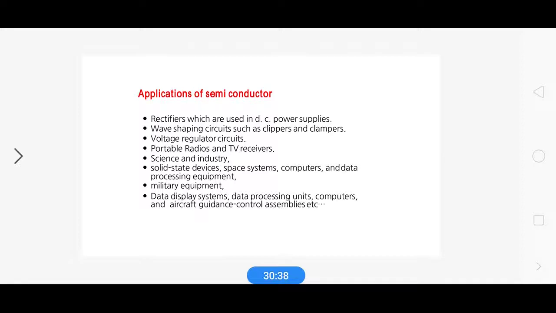So these are the major applications of the semiconductor.